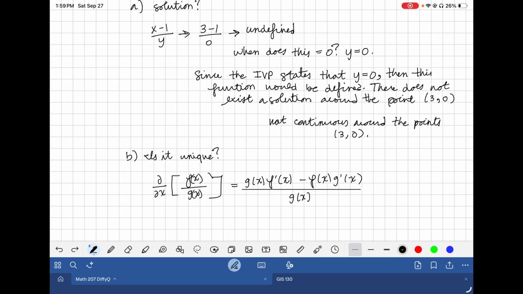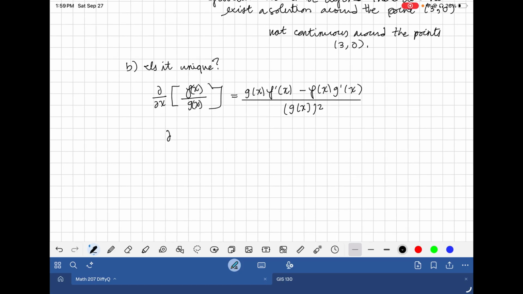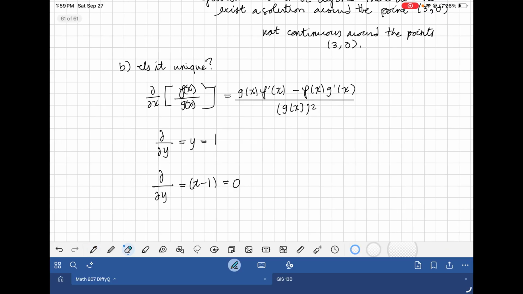I wrote this parentheses wrong. G of x squared. And so if we take the partial derivatives with respect to y, we have y, and that's going to be 1. And then we have x minus 1. Because there's no y, it's just going to be 0. And now if we rewrite that, we have y times 0 minus x minus 1 times 1, all over y squared.